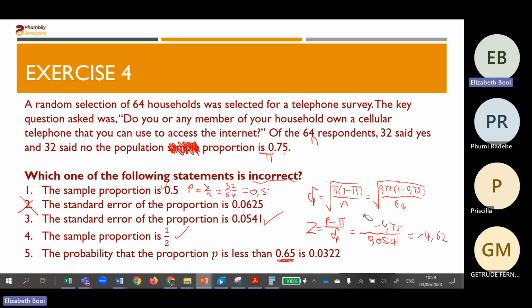So this should be 0.65. One little mistake can throw you out totally, which is minus 1.85.